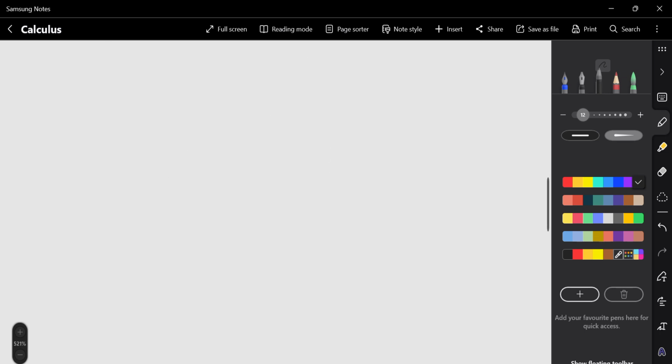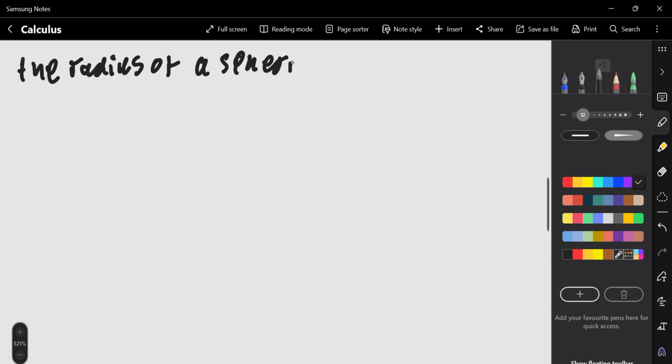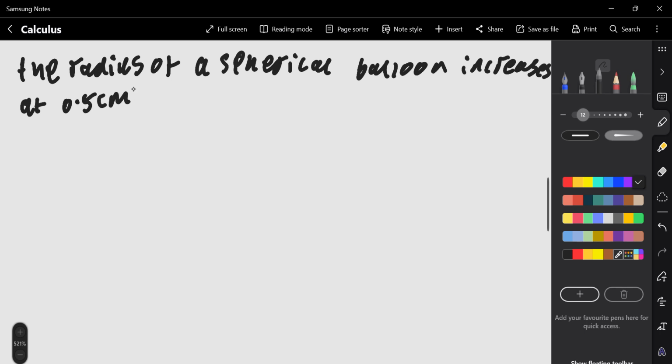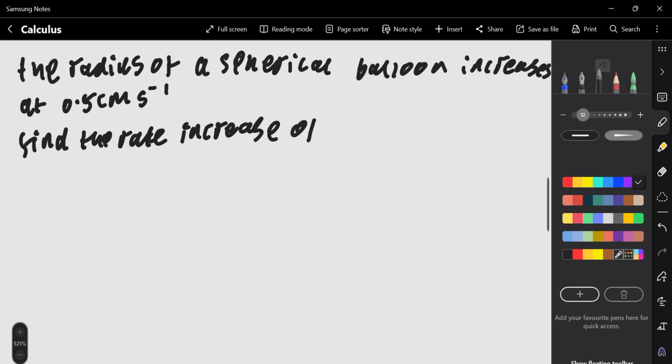So let's say the radius of a spherical balloon increases at 0.5 centimeters a second. Find the rate of increase of the volume when r is 6.